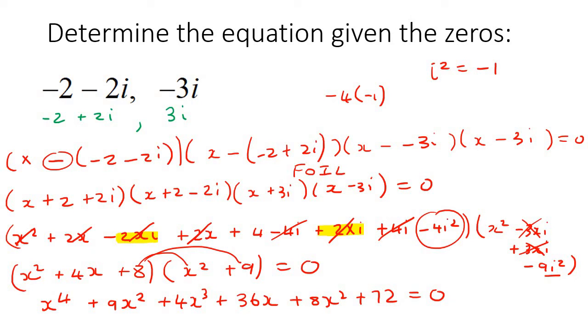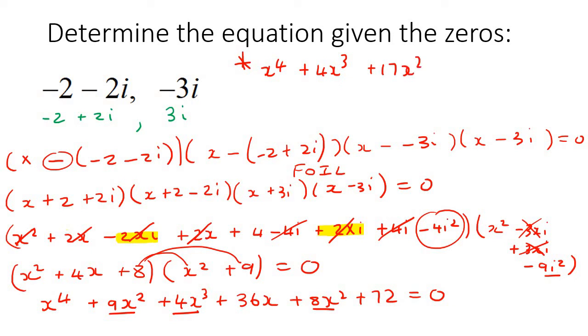And now we just need to simplify. If you don't mind, I'm going to write the answer up at the top here. So it's going to have an x to the 4. Then for the x cubes, it's going to be just a 4. For the x squareds, it's going to be 9 plus 8, which is 17. And then 36. And then 72.